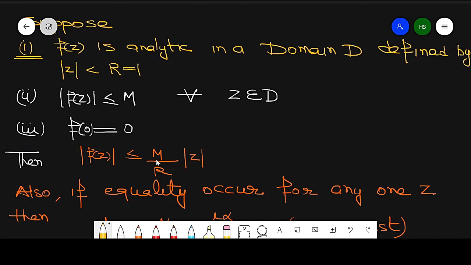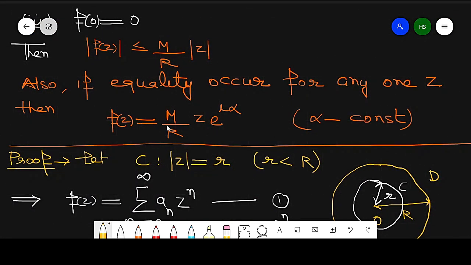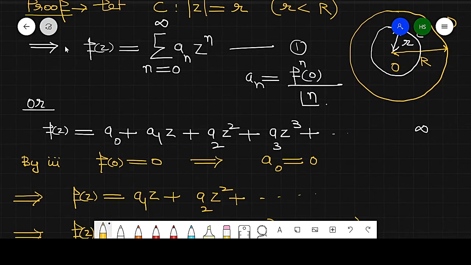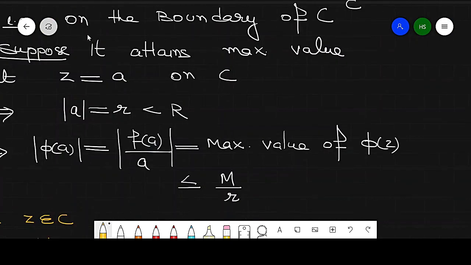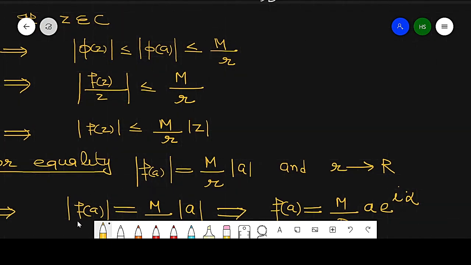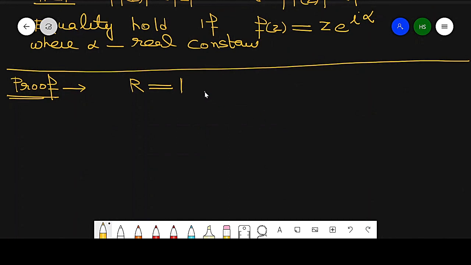So this is modulus of f z less than equal to modulus of z. Now again R is equal to 1 and M is equal to 1. So substituting capital M and capital R equal to 1, we will prove the lemma which is called Schwarz lemma.